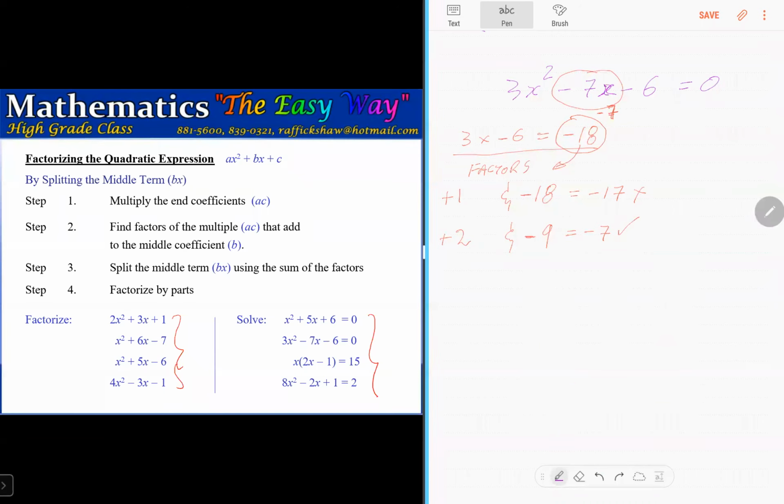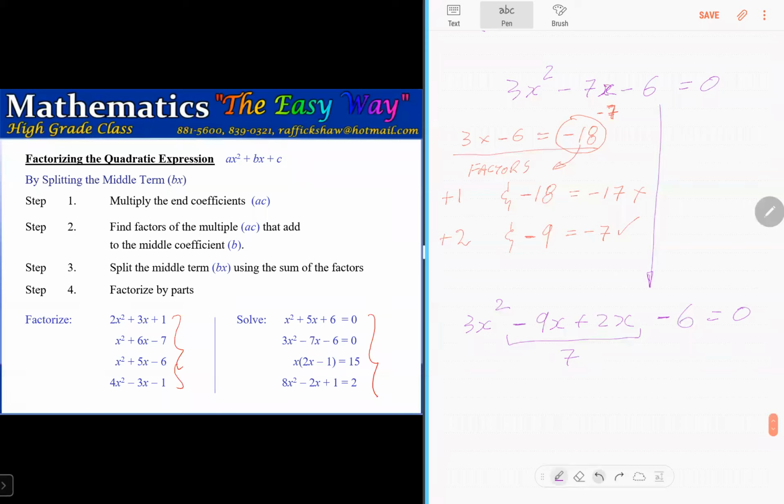The equation becomes 3x squared, and then the minus 7x becomes minus 9x plus 2x, minus 6 equals 0. See that? This minus 9x plus 2x is minus 7x.